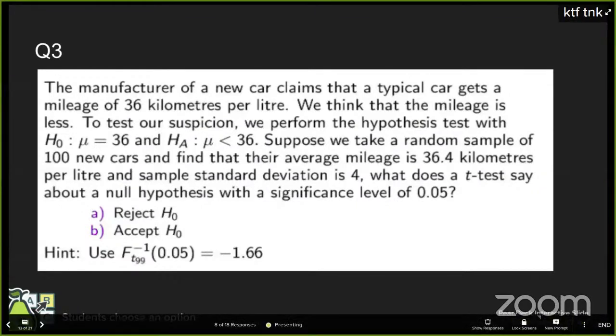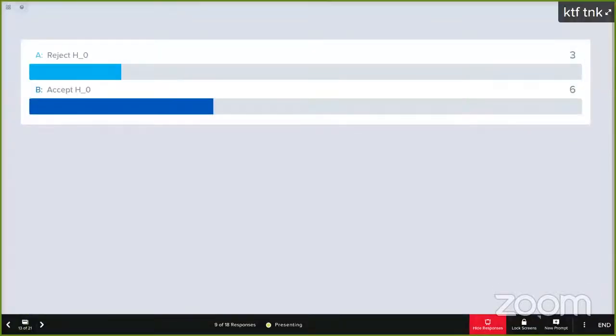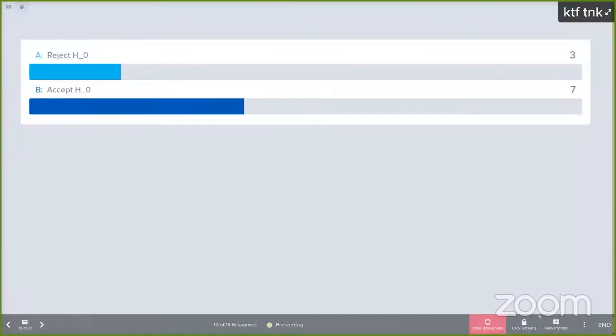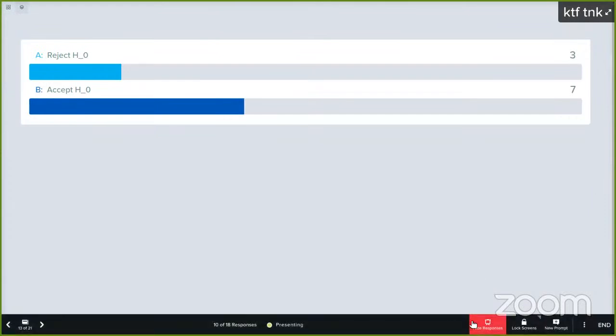Shall we see the solution then? Yes, please. Yes, sir. 6 people, 7 accepted, 3 rejected.